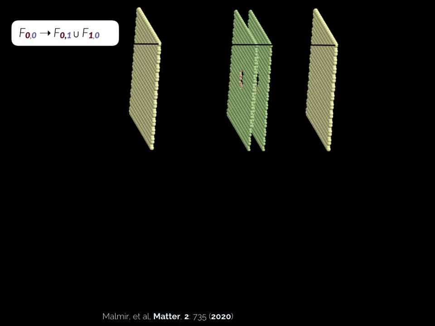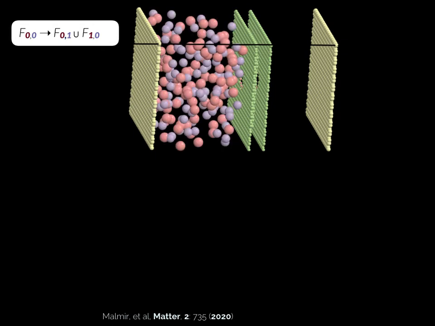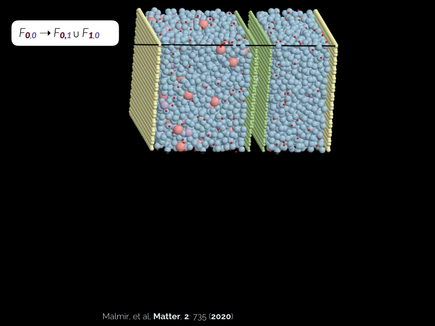So to sum up, we have a three-layer graphitic membrane with a cylindrical core, passivated with hydrogen atoms, and we have these two yellow pistons. On the left side we have a sodium chloride solution, and then we have pure water on the right-hand side.